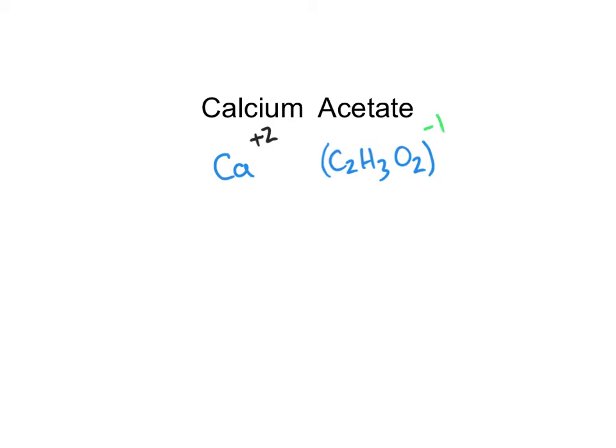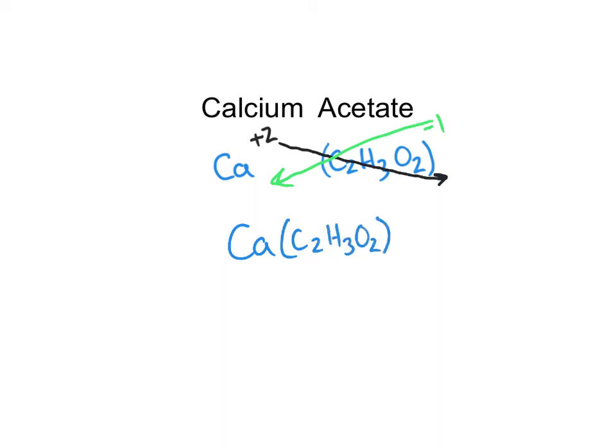Crisscross is the same as it was for the regular ions. This 2 is going to go right there. The charge of the second tells me how many I need of the first. And so what I end up with is Ca1, but we remember we don't write ones. Parentheses, C2H3O2, parentheses, and then this 2 goes right there on the outside.